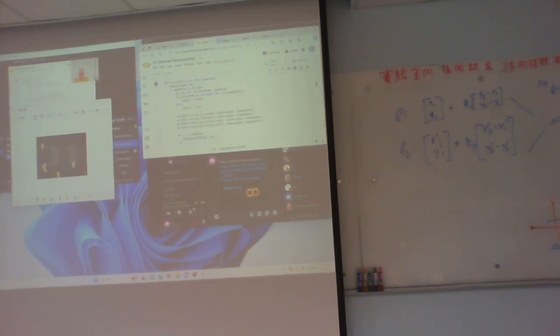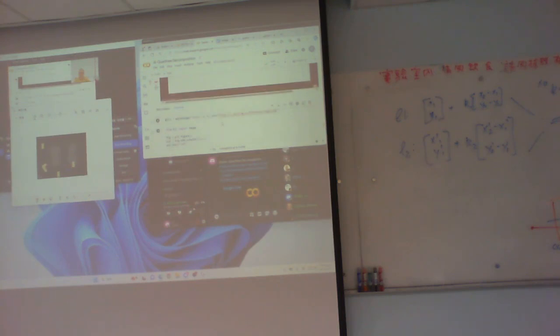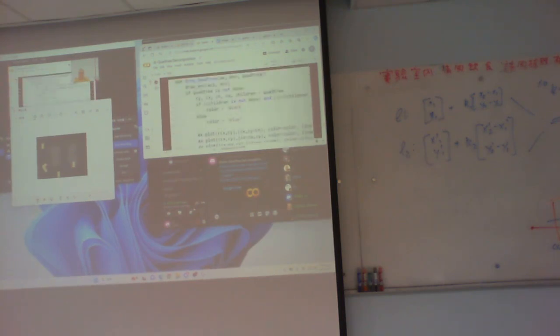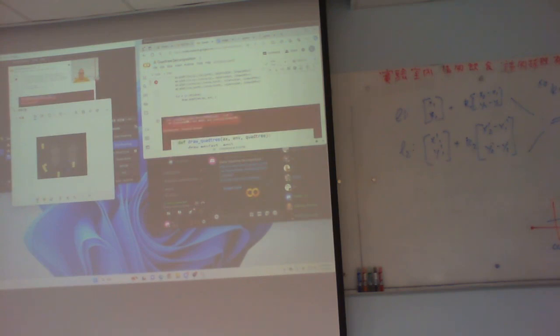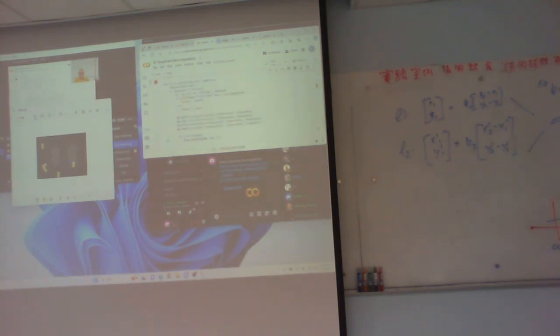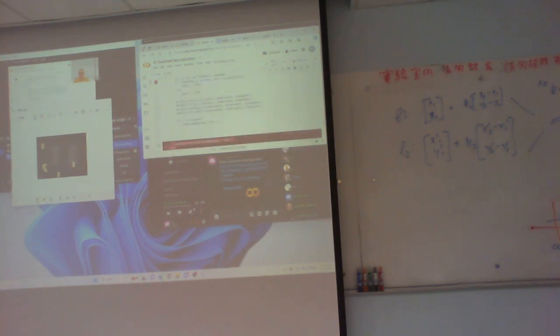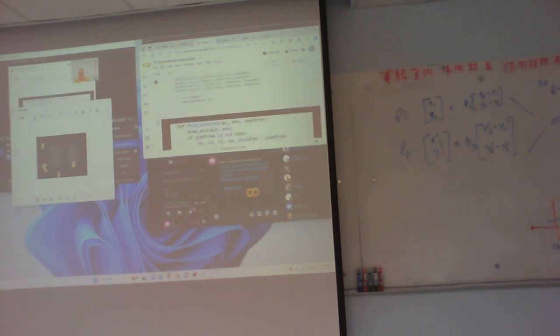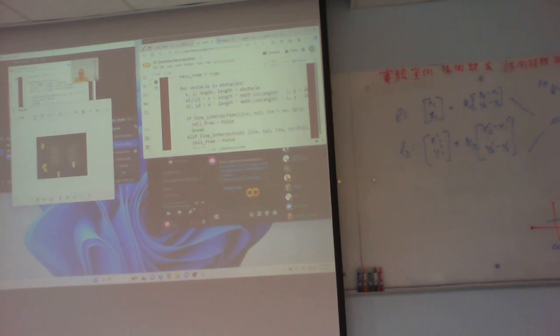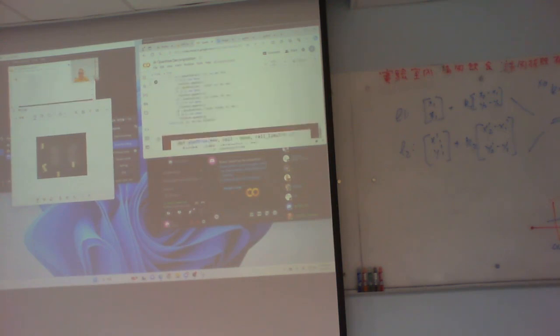Draw plot tree. Invalid syntax. Oh, so then let's see what we get.